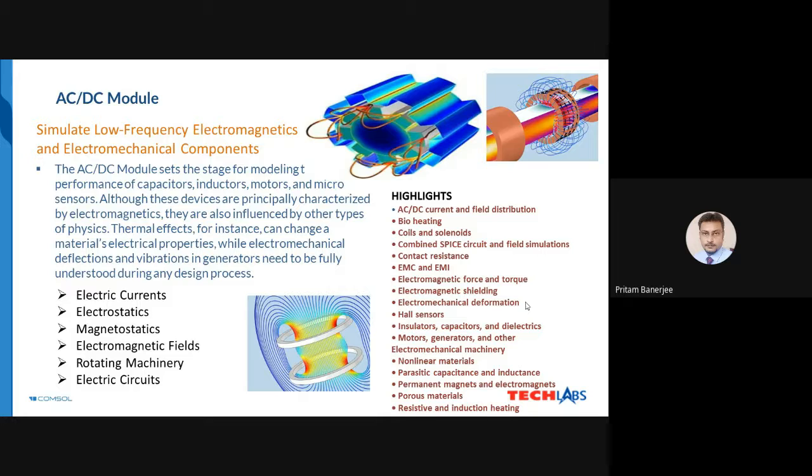Both the finite element method and the boundary element method, BEM, are available to solve for the electrical potential, and they can be combined for a hybrid finite element boundary element method.